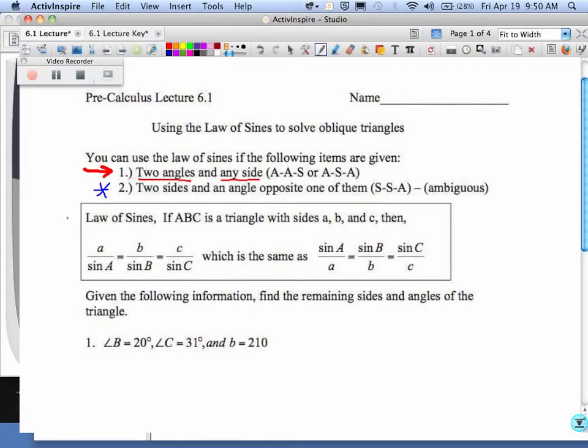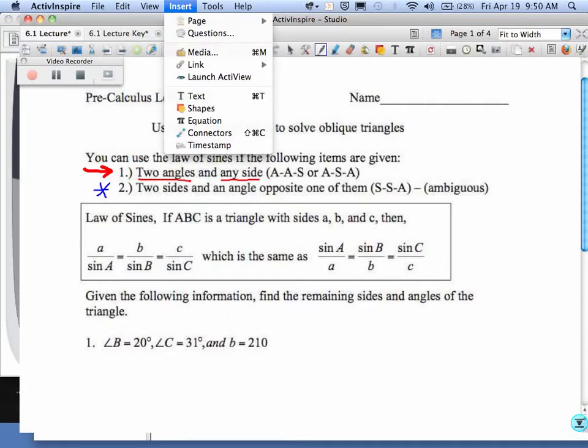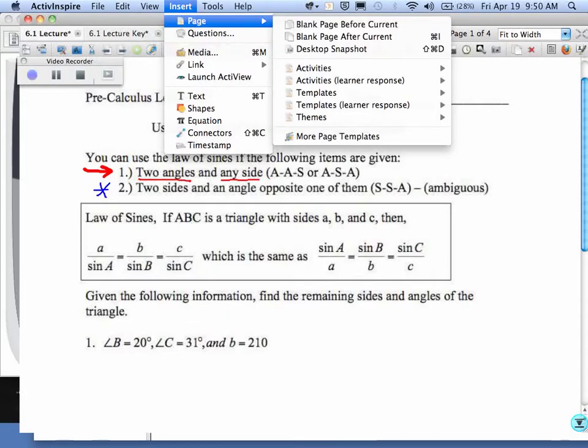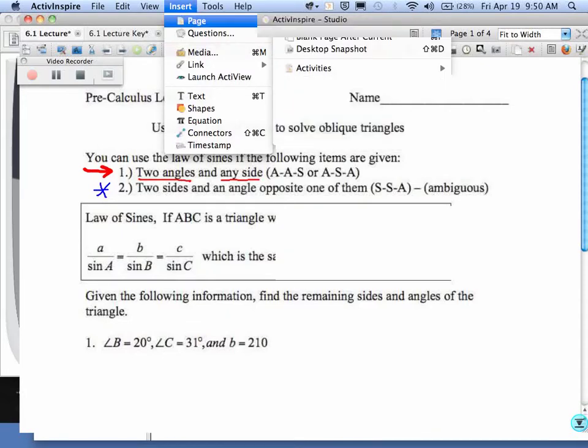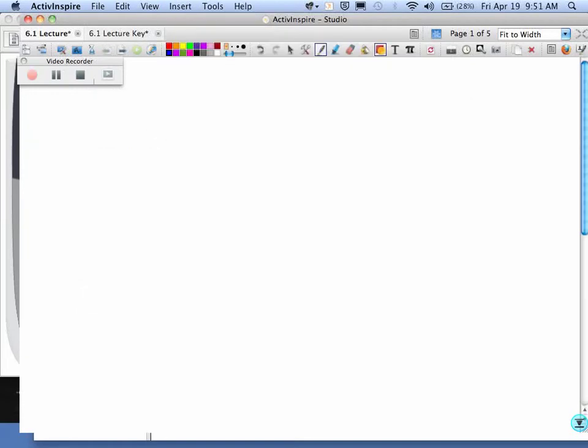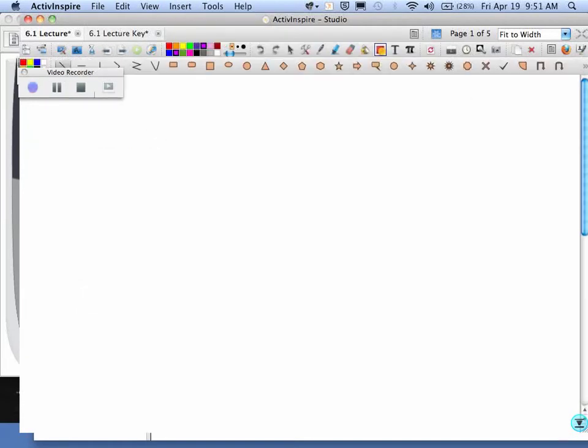The reason why you can't use the SSA or ASS congruence rule in geometry is because it allows for what's called the ambiguous case. I'll try and draw something so you can see it.